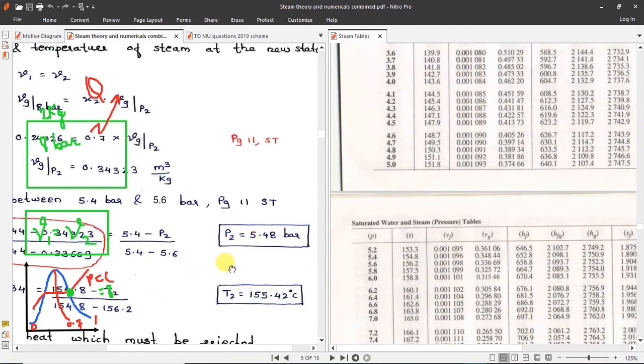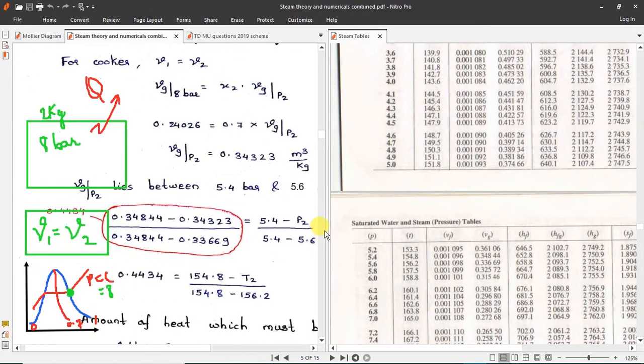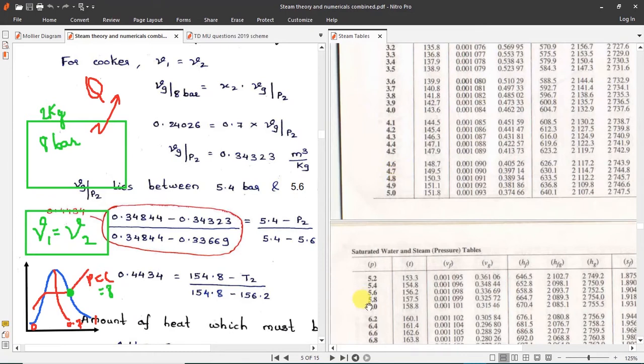Now to simplify this interpolation technique, already I have calculated this left hand side, I am writing it as it is. But in this case you should remember the sequence. So first is 5.4. So for 5.4, what is the temperature? 154.8. So for 5.4, the corresponding temperature is 154.8, minus T2 for P2, T2 is unknown.